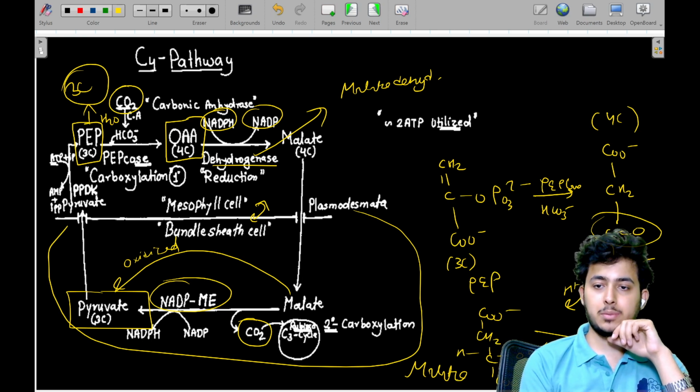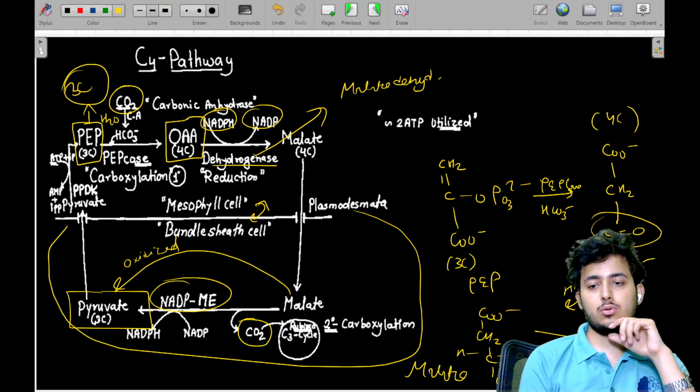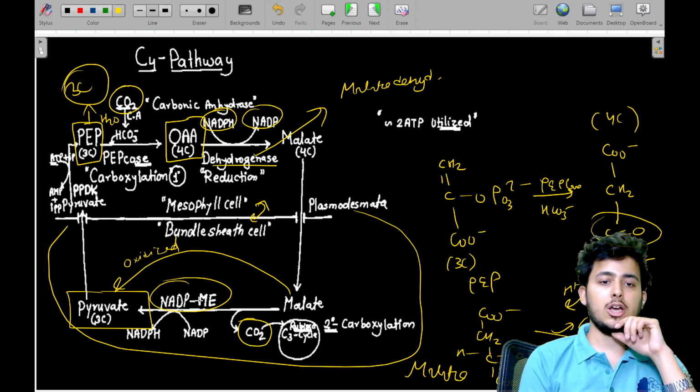What is pyruvate? Pyruvate is CH3, C double bond O, COO negative. So this is your pyruvate. Once you are forming this pyruvate, that is again a 3 carbon compound, you can see, because you are releasing CO2 in the process with the help of NADP malic enzyme.